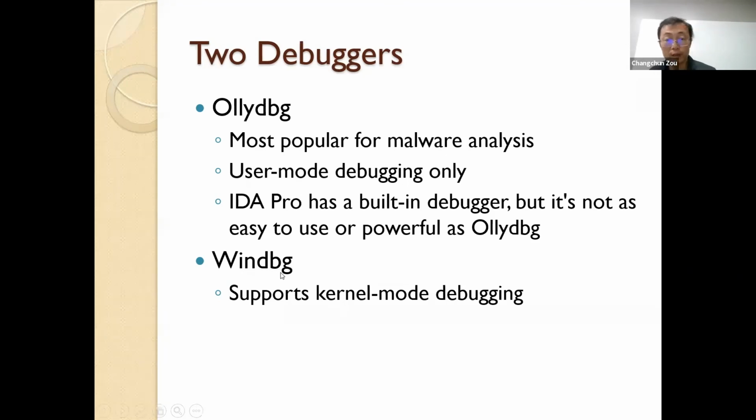It's also free, and it supports kernel mode debugging. For our case study, this robot authenticate program runs under user privilege, so we don't need a kernel mode debugging tool. Because it is free, it is popular for malware reverse engineering by many users.